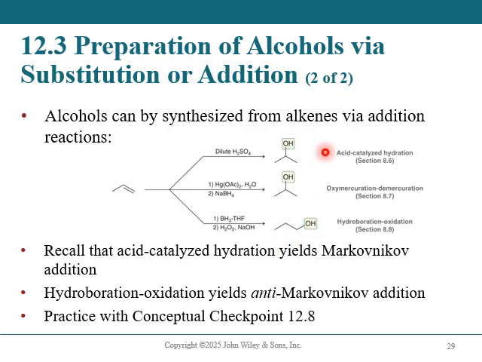So acid-catalyzed hydration and oxymercuration-demercuration will lead you to that secondary, in this case, and hydroboration-oxidation will give you that primary hydroxyl, that primary alcohol. Let's remember that acid-catalyzed hydration yields a Markovnikov addition, whereas hydroboration-oxidation yields an anti-Markovnikov addition. That's why you get your secondary versus your primary.